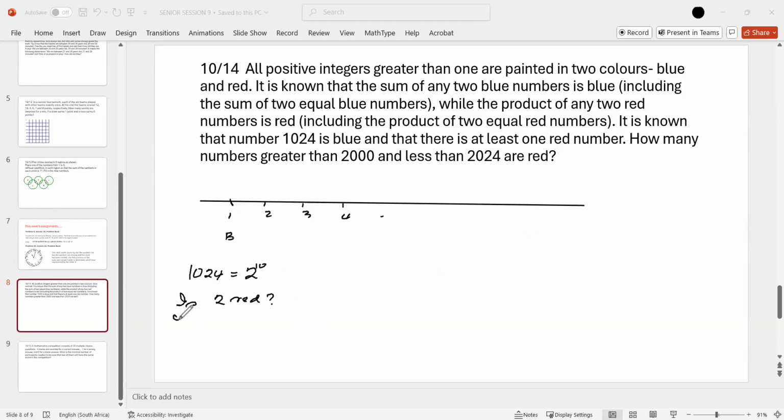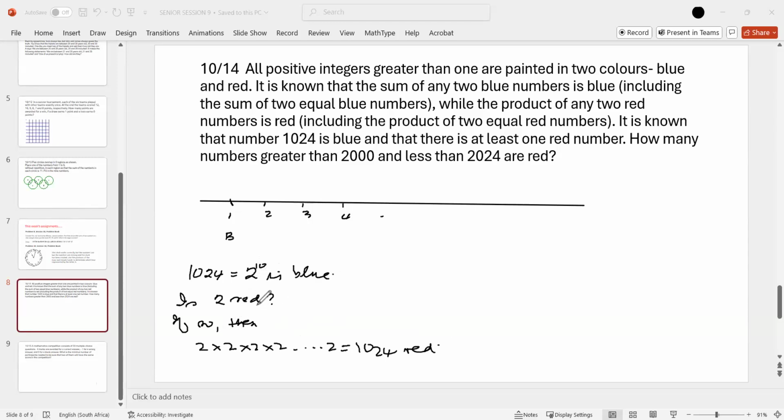If so, the product of any 2 red numbers is red. So then 2 times 2 is red. Multiply by 2 again, that's red. Multiply that by 2, it's red. And you go all the way up to 2 to the power of 10, and that is red. That's a contradiction, because it is given that 1024 is blue.